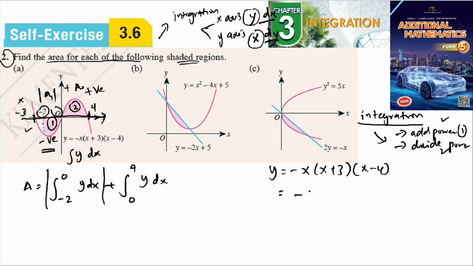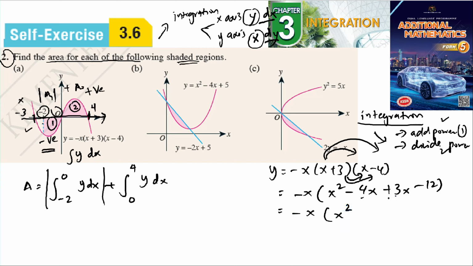So we can expand: negative x times x is negative x squared, x times negative 4 is negative 4x, 3 times x is plus 3x, and 3 times negative 4 is negative 12. So this one is x squared, negative 4 plus 3 is negative 1x minus 12.